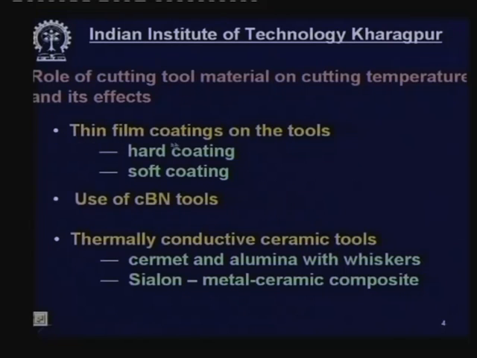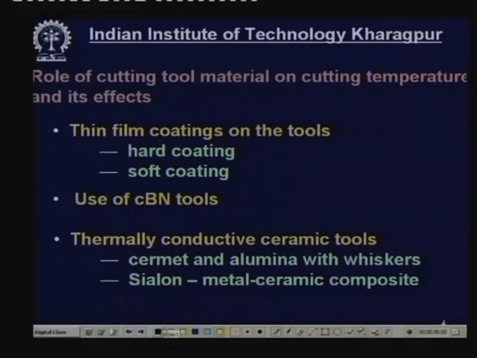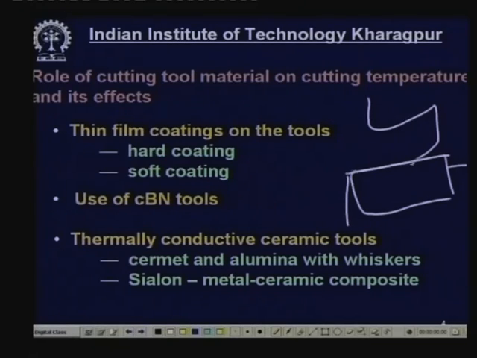Say thin film coatings on the tools, say carbide. In the carbide tool, so this is the tool on which the chip flows. Here is the surface where rubbing takes place. Now, if a coating is given here on the surface, then the chip will flow above this.